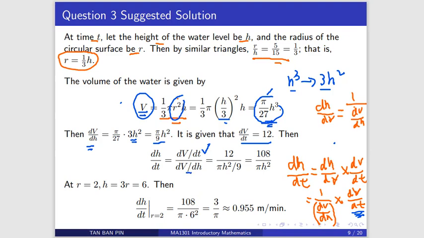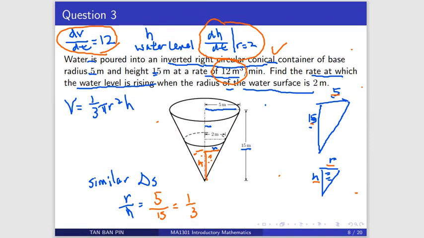dV/dt is 12, so we sub 12. dV/dH we just worked out is pi over 9 h squared. So with that you will get 108 over pi h squared. And the question says what you want is to find dH/dt when r is 2, so you must make use of r is 2.